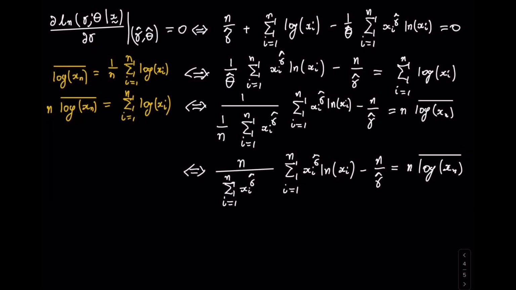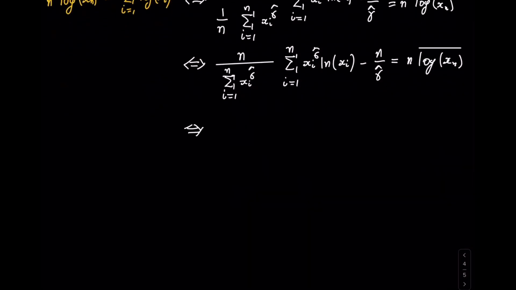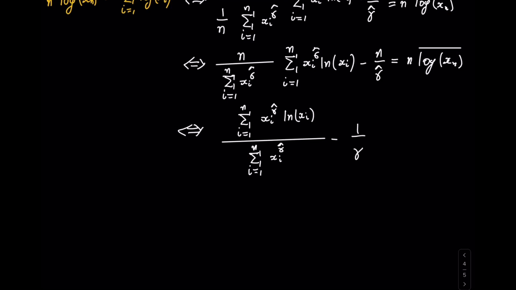which will leave us with the following expression. The sum of i equals 1 to n of xi to the gamma hat ln of xi all over the sum of i equals 1 to n of xi to the gamma hat, minus 1 on gamma hat, is equal to log xn bar.